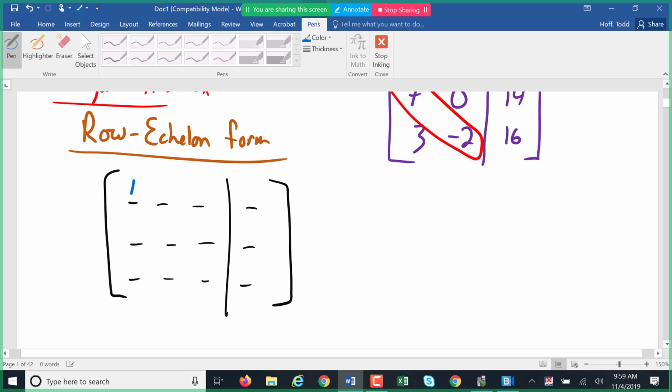One, we need ones along that diagonal. The second thing that needs to happen is everything below and to the left of those ones has to be a 0. The other locations can have whatever value holds true or works out.